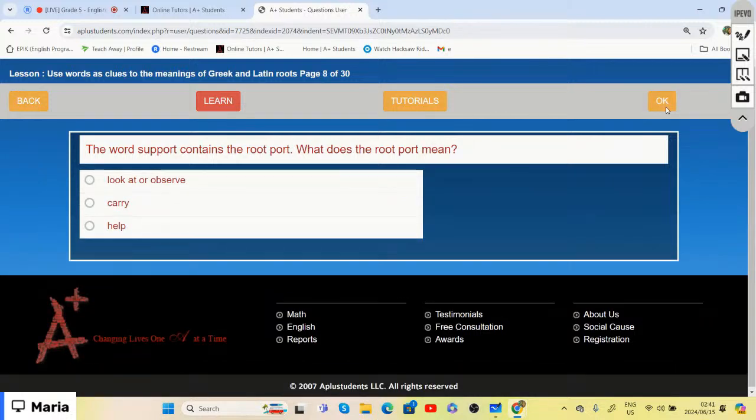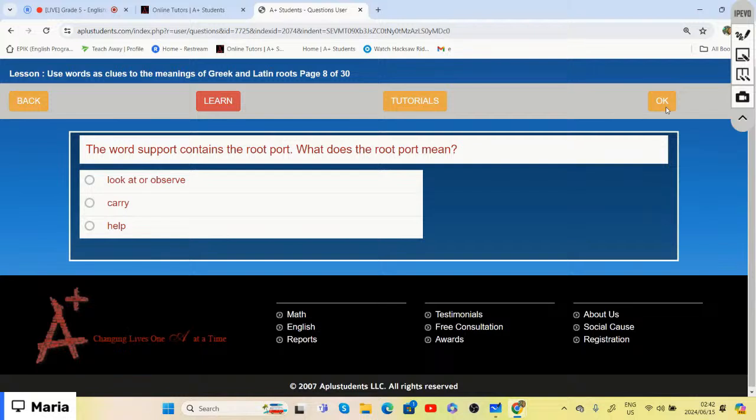I think with most of these root words, it's actually quite easy because, for example, port. Like the word support contains the root port. What does the root port mean? Just think of support. When it comes to supporting someone, do you just look at someone and observe them? Do you carry something or do you help someone?